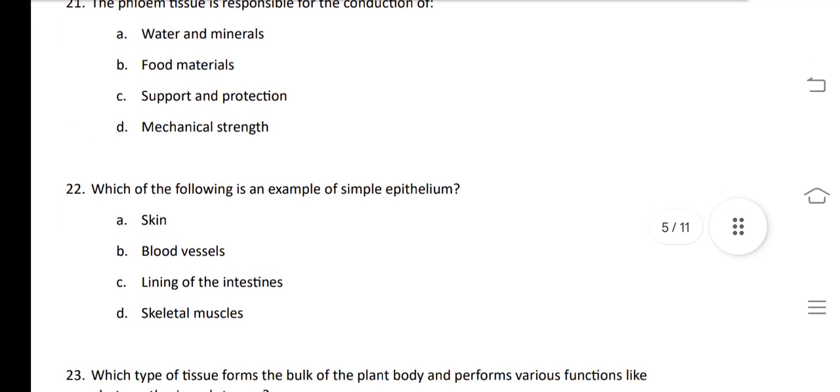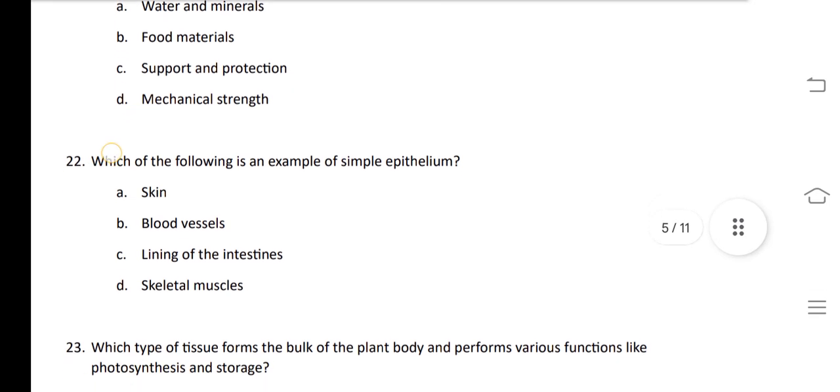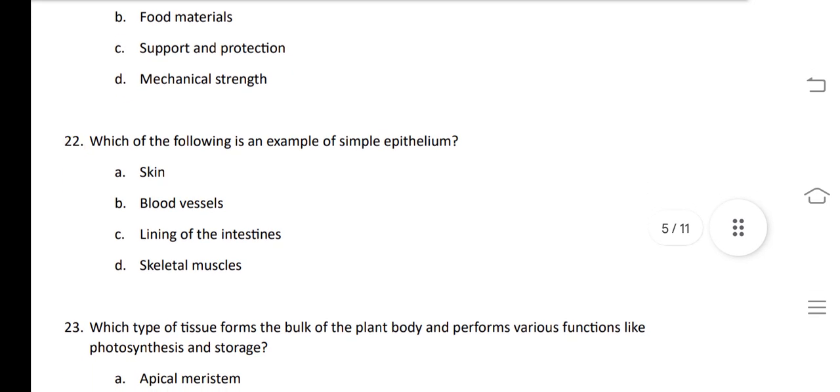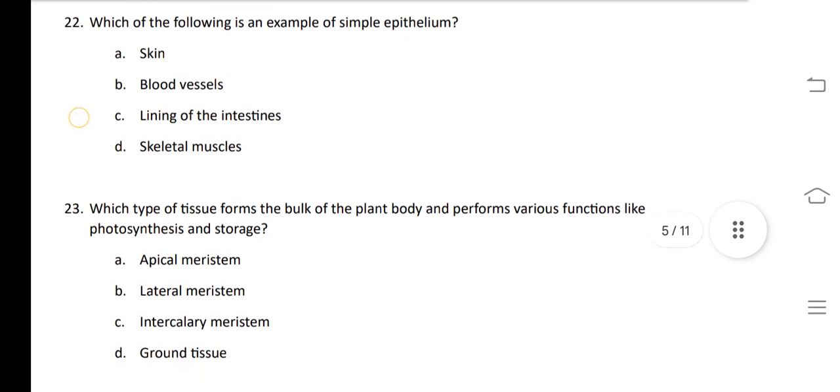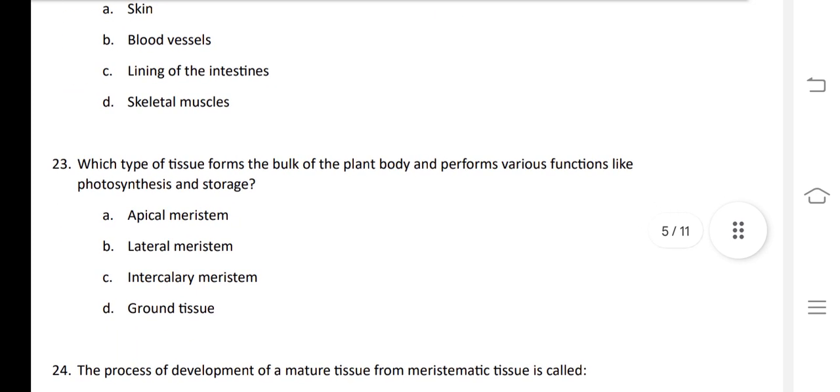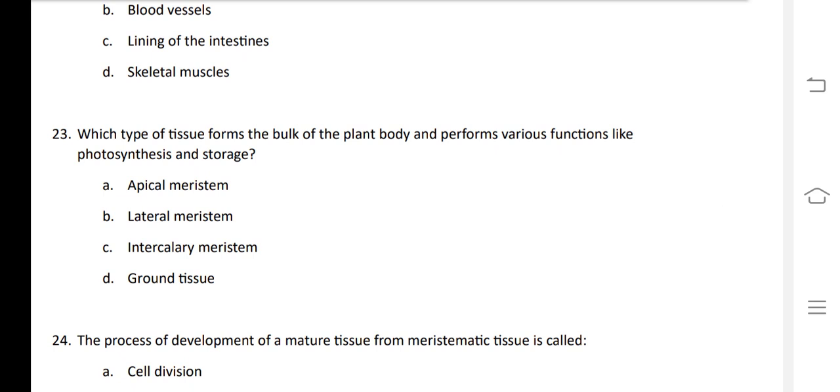Our next question is, which of the following is an example of simple epithelium? So the answer of this question is blood vessels. And the next question is, which type of tissue will form the bulk of plant body and perform various functions like photosynthesis and storage?